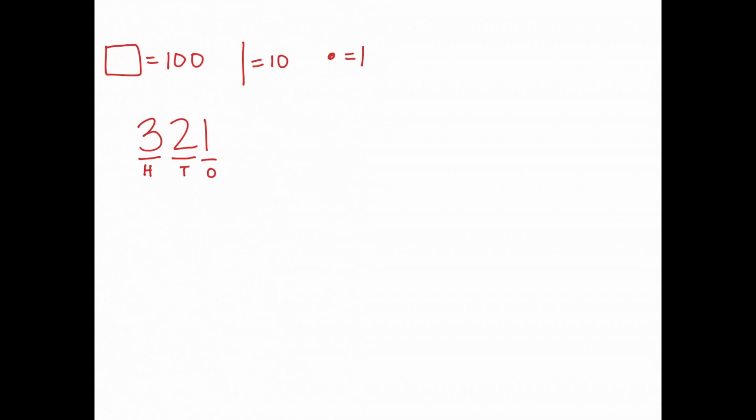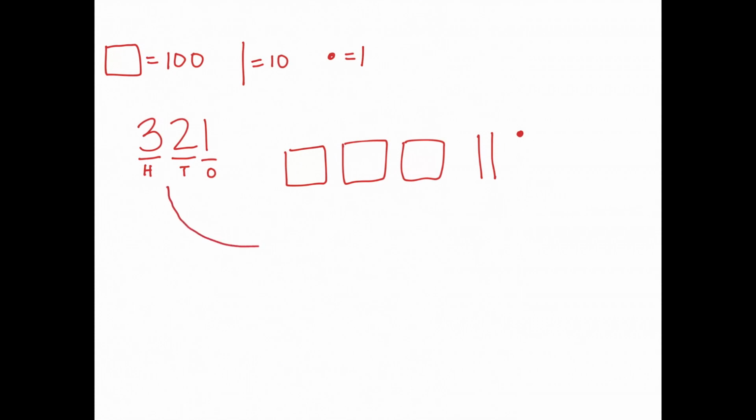So since I have 300s in 321, I'm going to draw 3 boxes. I have 2 tens in 321, so I need 2 of those 10 sticks. And I have 1 one, so I will need 1 circle. So this number can be represented or shown by that picture I just drew.